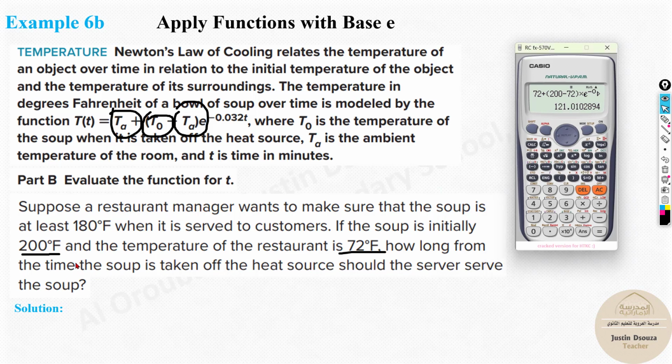The initial temperature is 200 degrees and the surrounding is 72 degrees. Now how long the server must wait before serving the soup, and this T of t must be 180 degrees before serving. It must be at least.